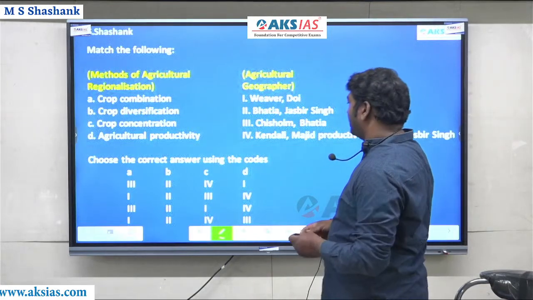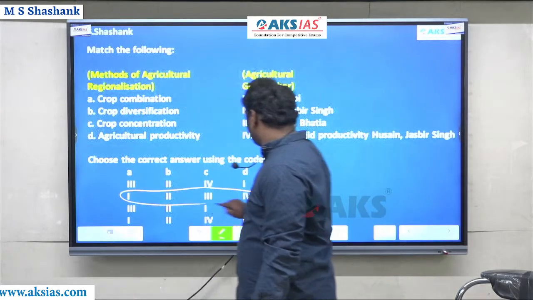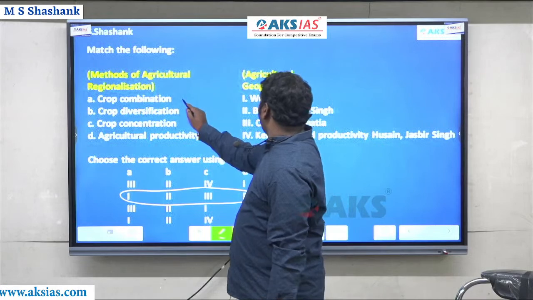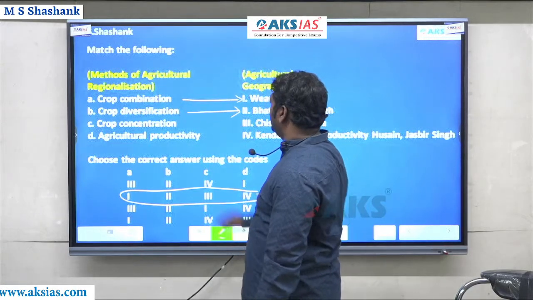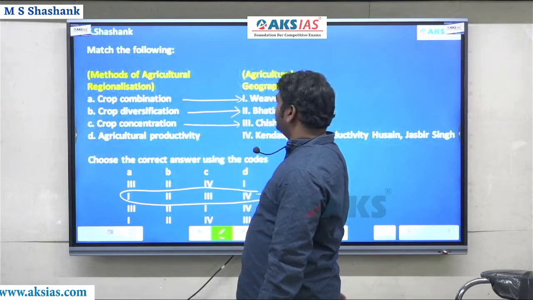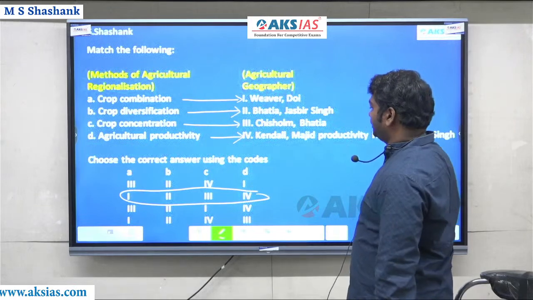Agriculture students, 21-2. So this is the option. Crop combination by Weaver, crop diversification by Jasbir Singh, crop concentration, Bhatia, agricultural productivity, Kendall, Majid productivity.